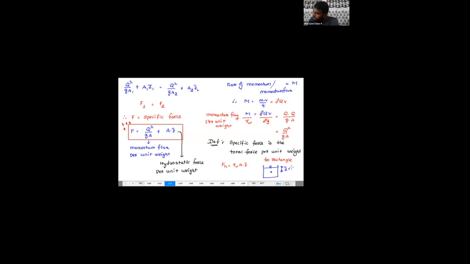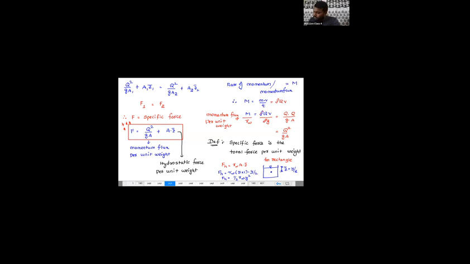The centroid is y by 2 because it is a rectangle. Hydrostatic force is gamma W into area, B into y, into y by 2. What is this value? Half gamma W y square. That is the hydrostatic force.